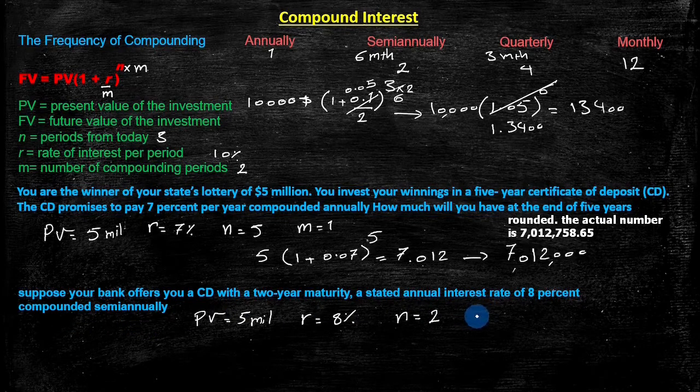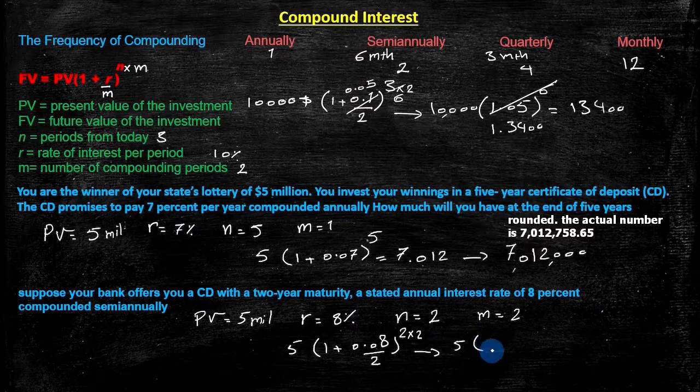Semi-annual compounding, our M is 2. So that will be 5 multiplied by 1 plus 0.8 to the power of 2. Then this has to be divided by 2. This has to be multiplied by 2.